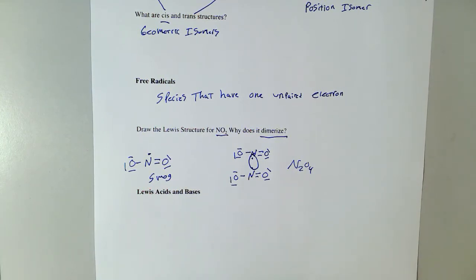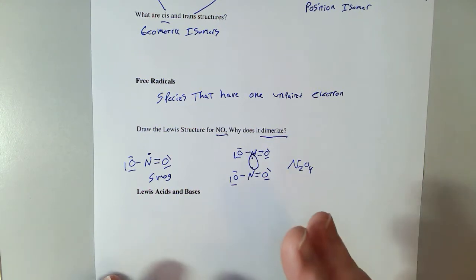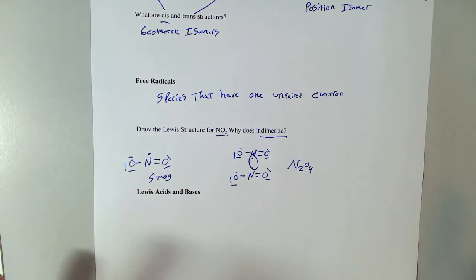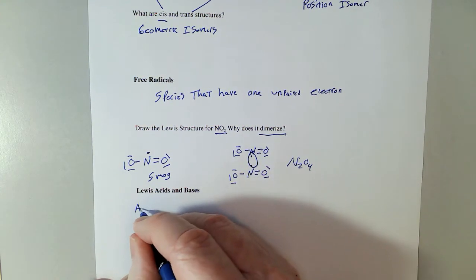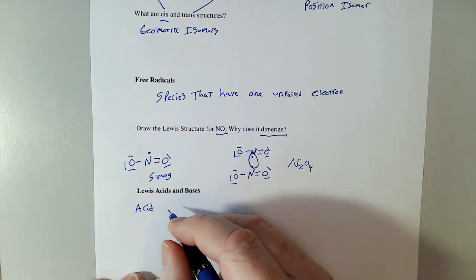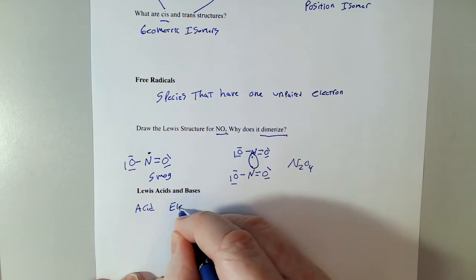Okay. Now, Lewis acids and bases we talked about in the first couple weeks of school. I'm just going to refer to them because it is the idea of a chemical behavior based on structure. So an acid, in the Lewis definition, is an electron pair acceptor.